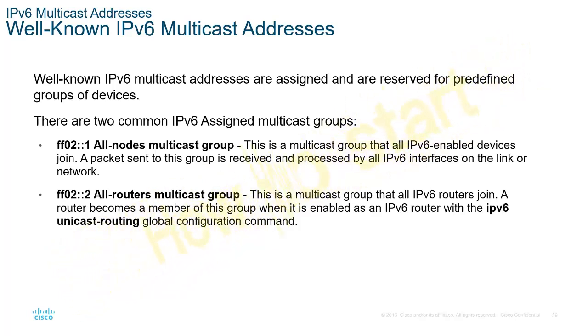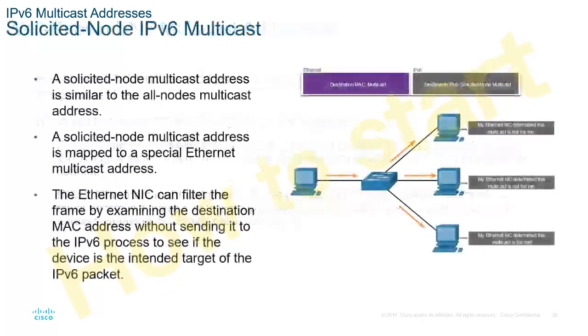Remember that an IPv6 interface will have multiple IPv6 addresses assigned to it, and that includes the multicast group addresses. And that is the well-known review for multicast. The next one is going to be solicited node.